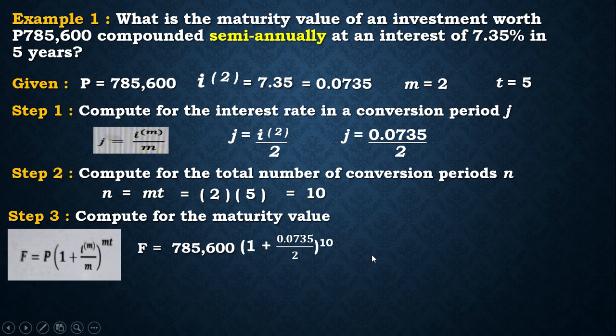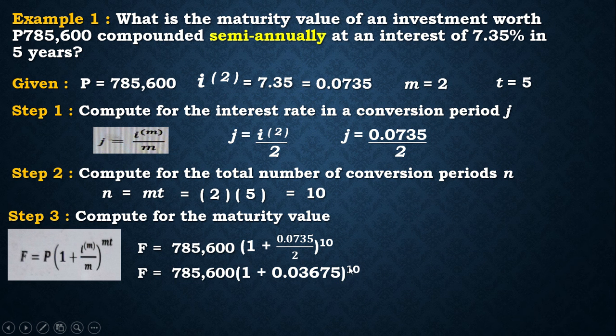Next step po, i-divide po muna natin ito. Ito po as is po muna, wala po muna tayong gagalawin dito. So, ito muna ang dapat natin bigyan ng oras, i-divide. So, F is equal to 785,600. I-divide po natin itong 0.0735 divided by 2, kaya po siya naging 0.03675.